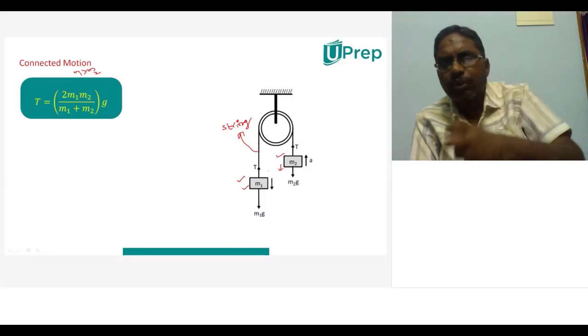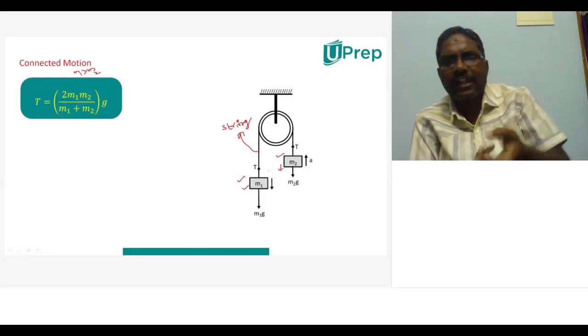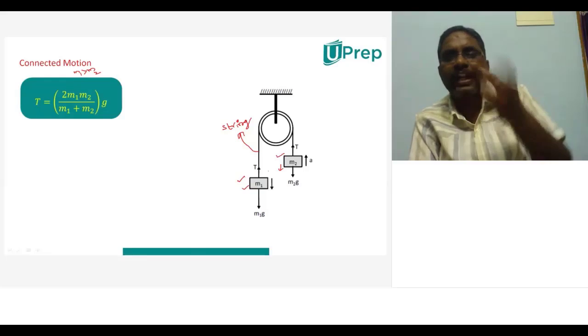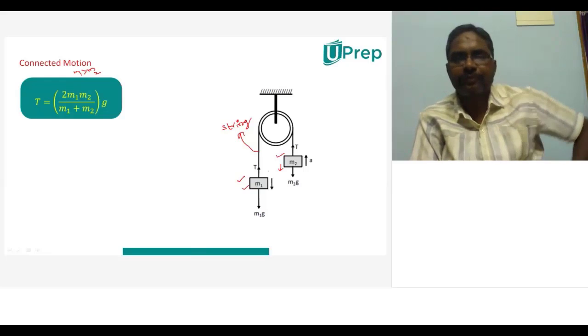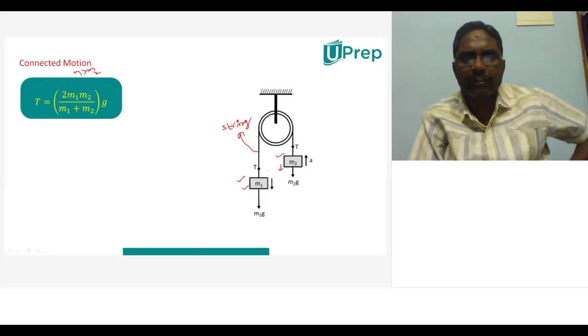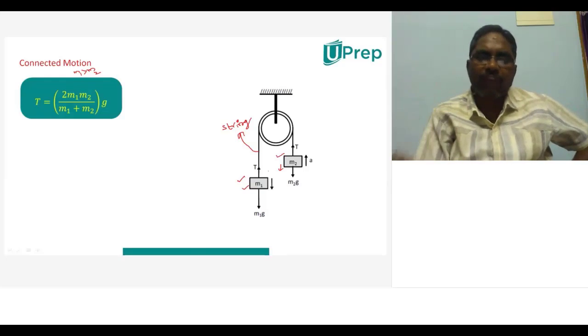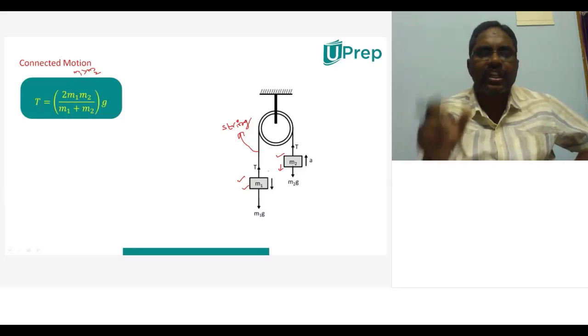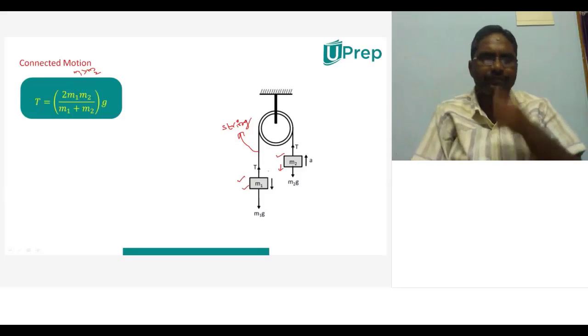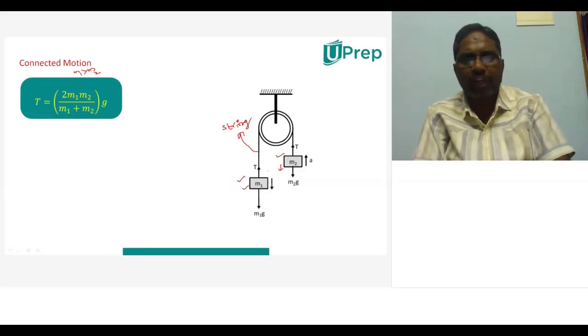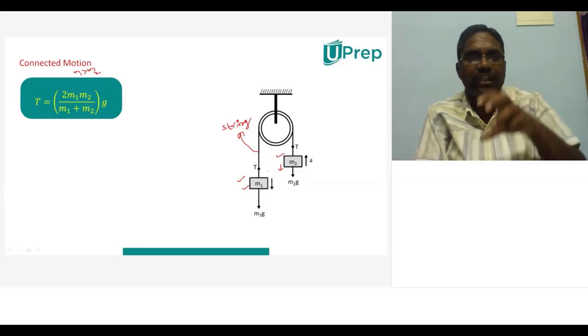Now our aim is to calculate with what acceleration m1 and m2 are moving, so that we have to find. And apart from that, we have to find the tension in this particular string. Already one equation was given here: T is equal to 2 m1 m2 by (m1 plus m2) into g. And how to derive it?